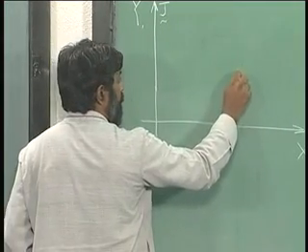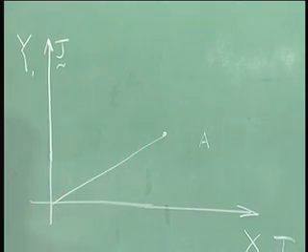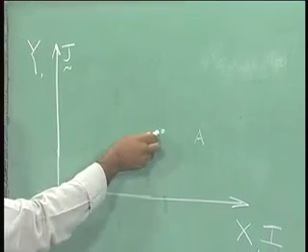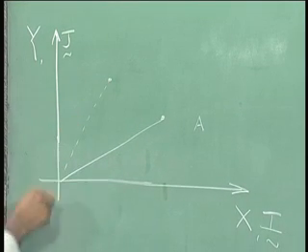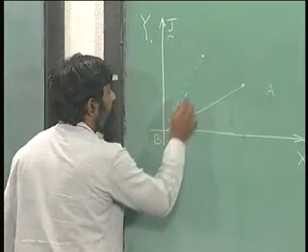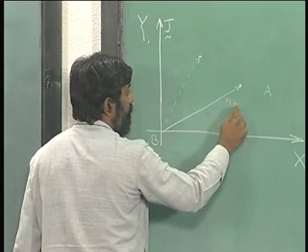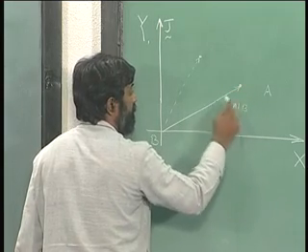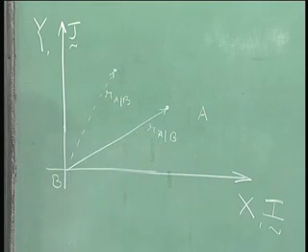So, let us say I have a point here which is A. Remember, as A moves, this line also moves. Supposing the point A comes over here, this also comes over here. If this is B, what is this? This is R of A with respect to B after it has moved.